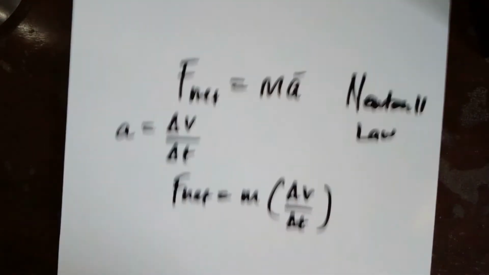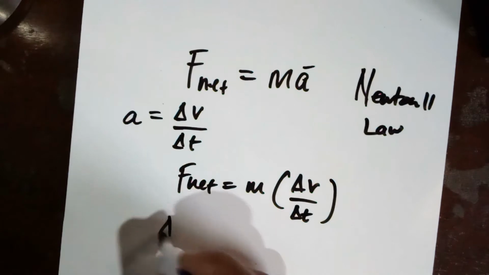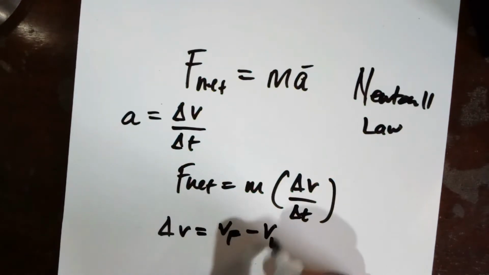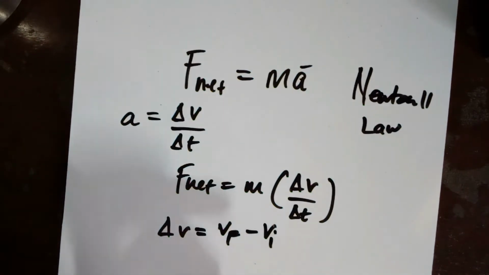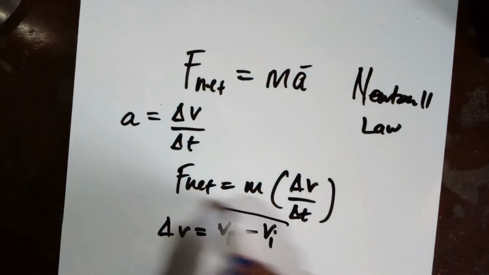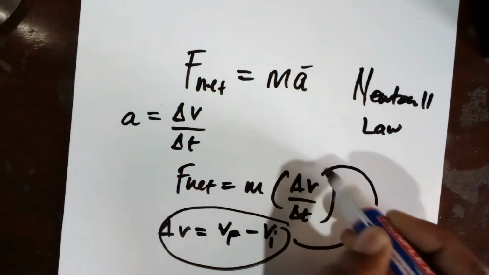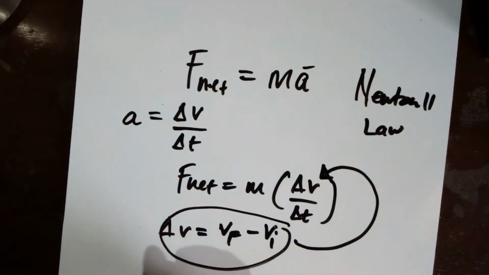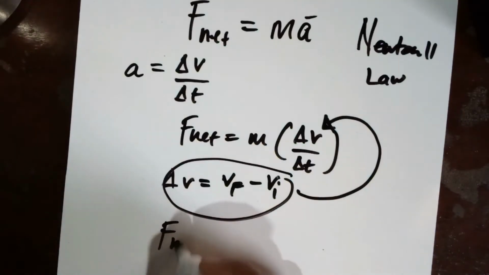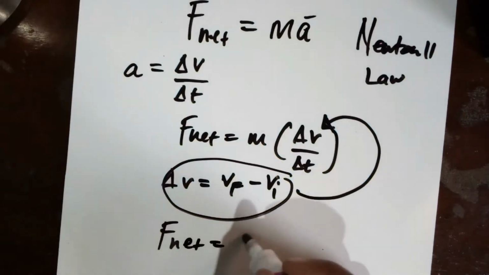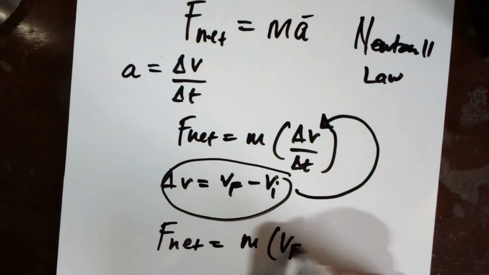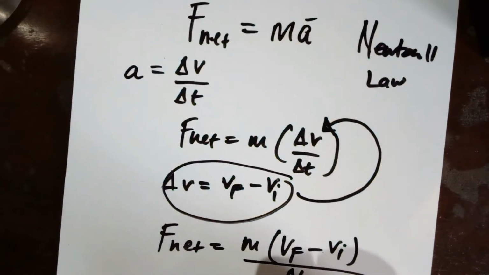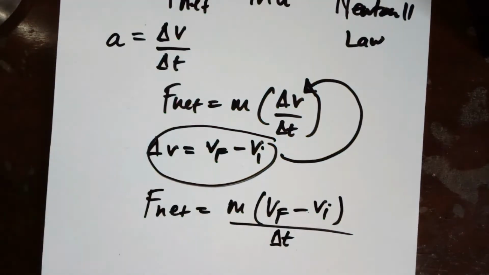But we know that a change in v is nothing but final velocity minus initial velocity. So we go back to our equation and substitute that. Then F net equals m (Vf minus Vi) over the change in t.